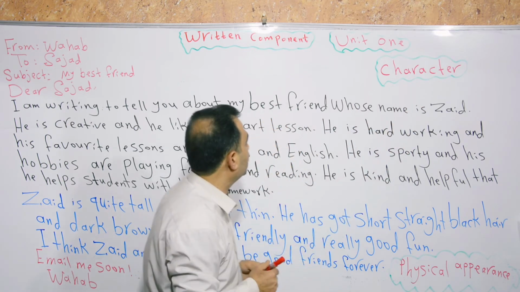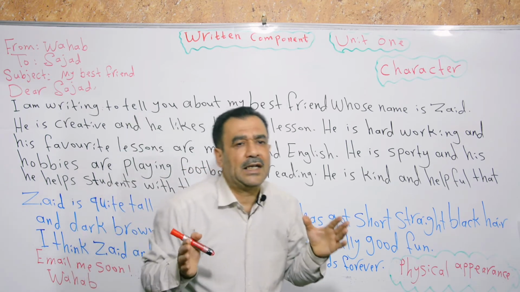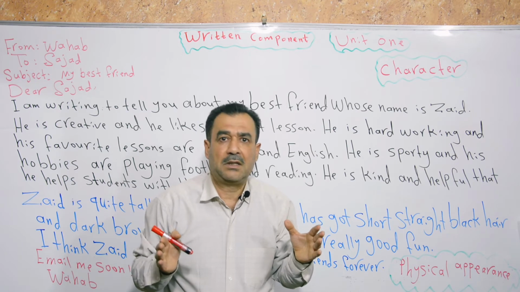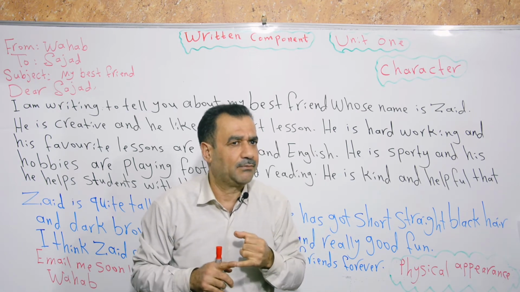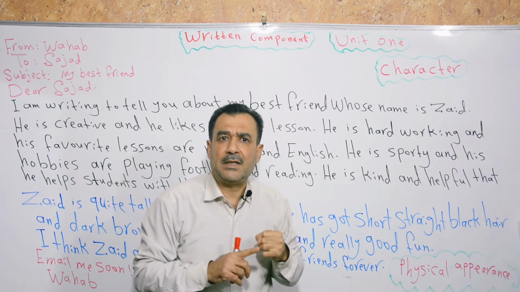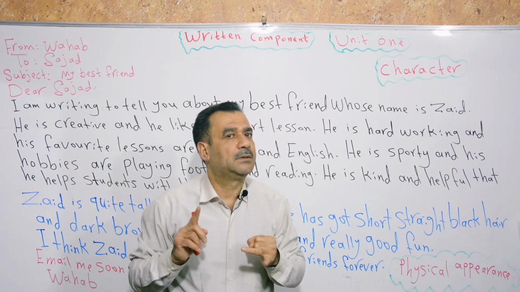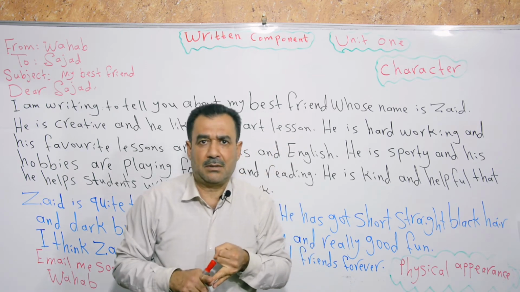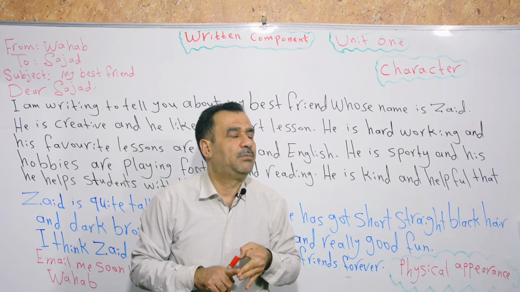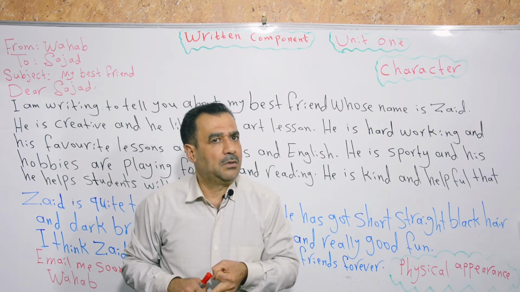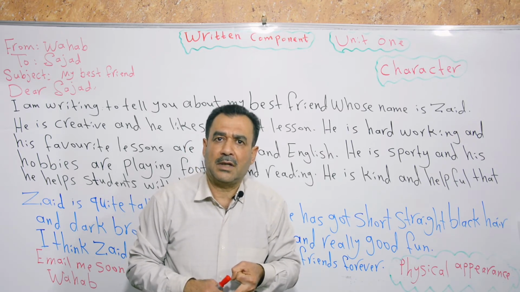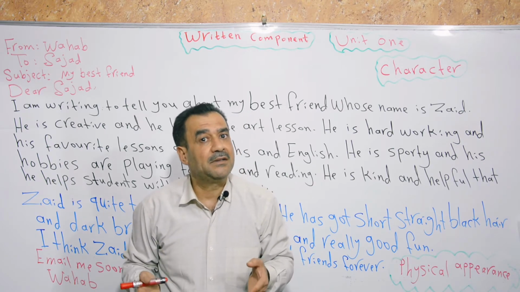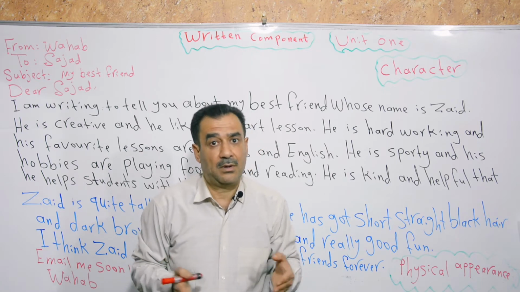For example, when I want to describe a person, his character, here, his character, about what? About his hobbies, about his education, whether he is good or hardworking, or not, he's sporty or not, kind, helpful, and so on.